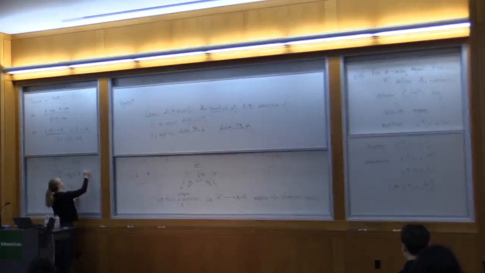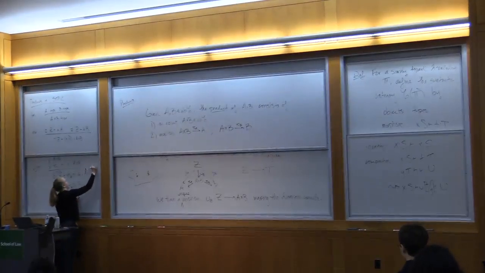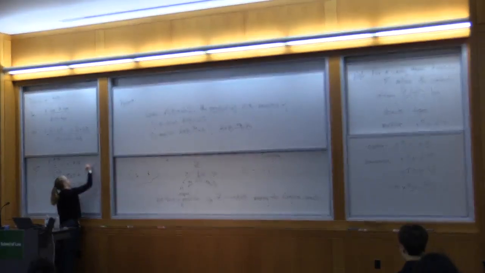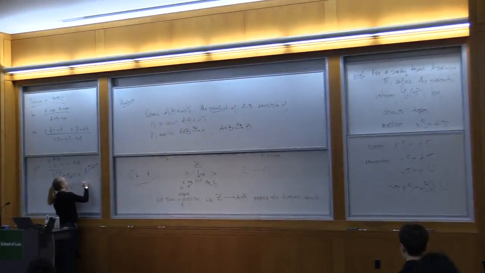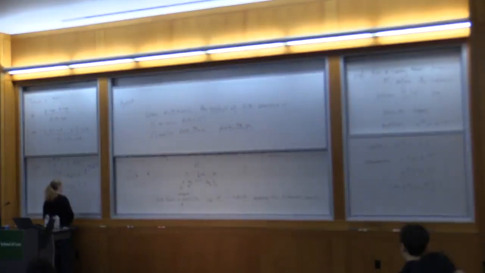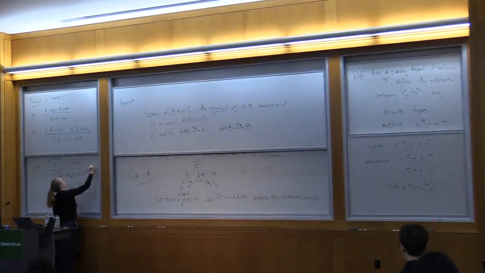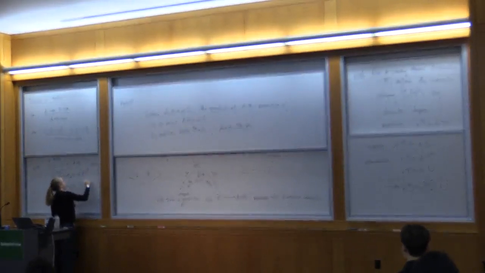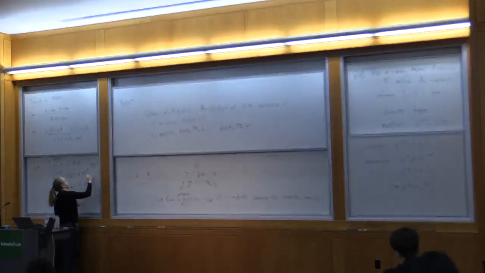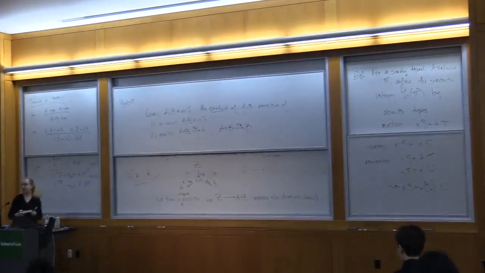So here I get A times B to A, that's pi A, and A times B to B, pi B.